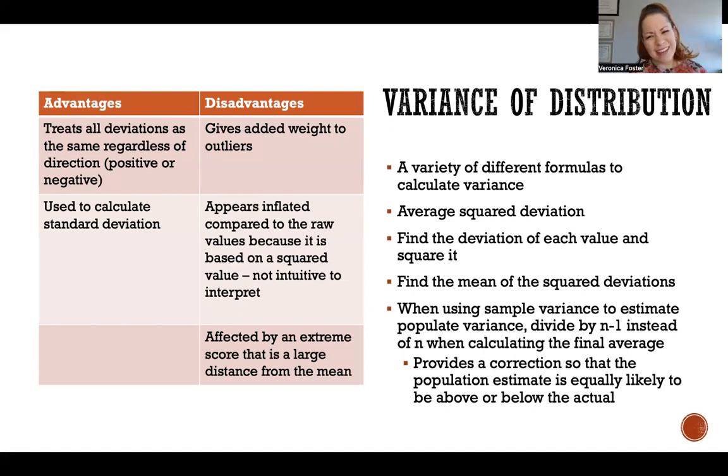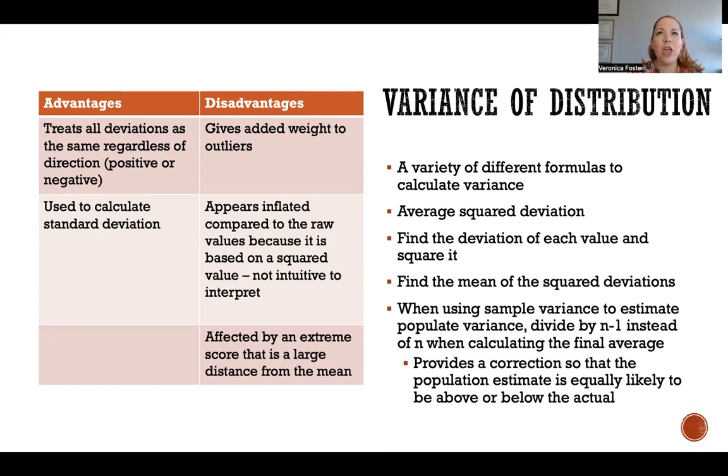Now, to make it slightly more complicated, when you're finding the average, normally when we do any average, you're dividing by the number of things that you're averaging. And for a population variance, that's still the case. Okay, but if we're using our sample variance to estimate population variance, then we divide by n-1 instead of n.